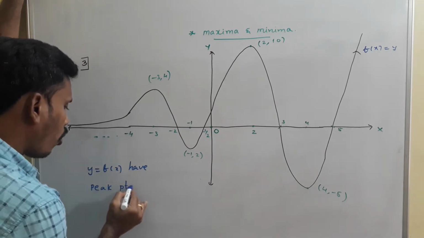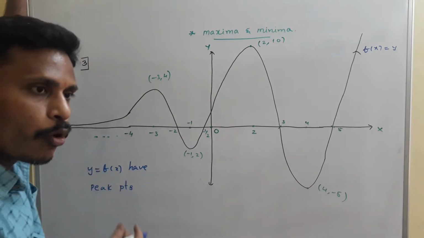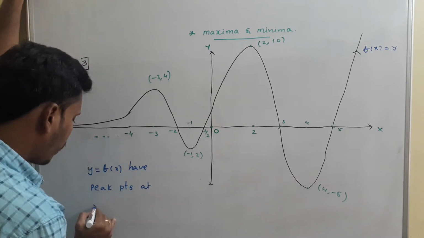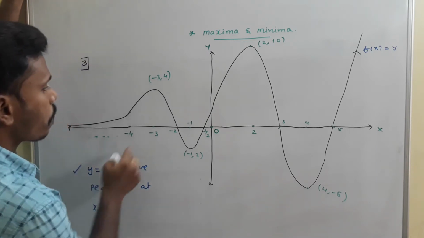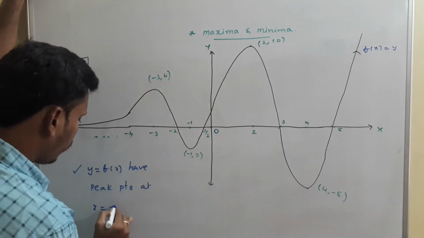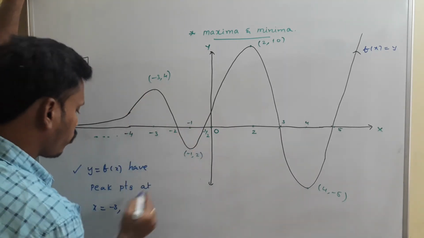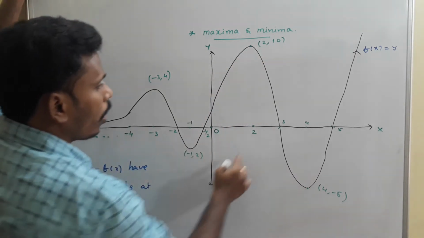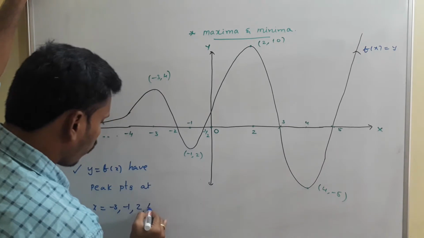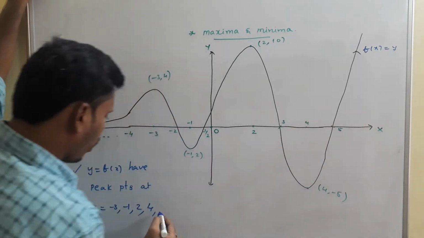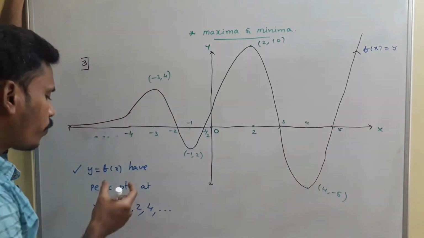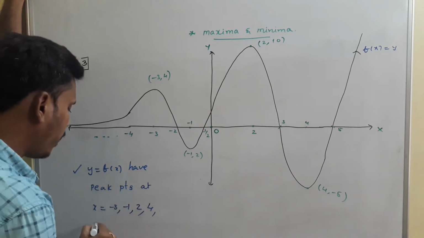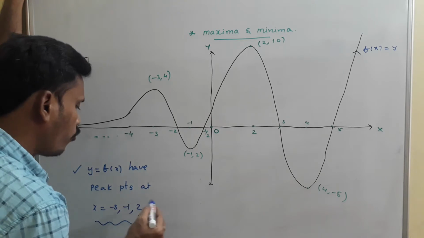There is a chance to call these peak points turning points, stationary points, or critical points at x is equal to -3, at x is equal to -1, at x is equal to 2, and at x is equal to 4 as well. Okay, this function y is equal to f of x has peak points at -3, -1, 2, 4.